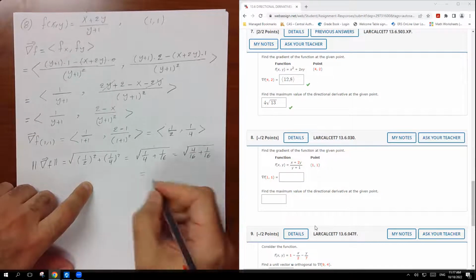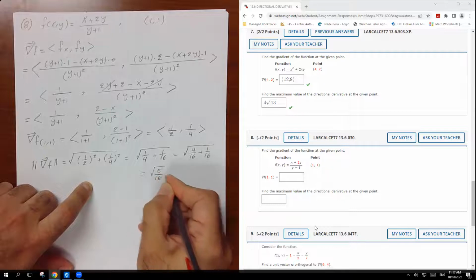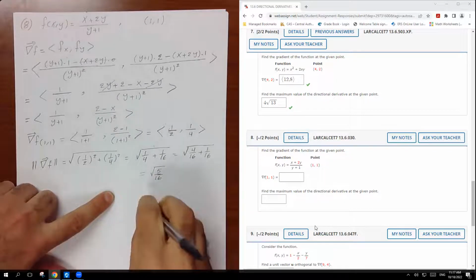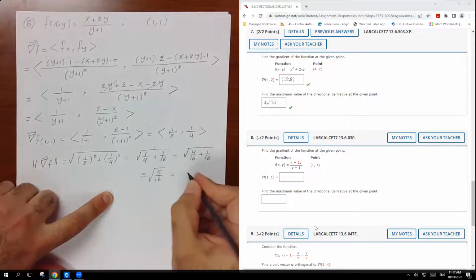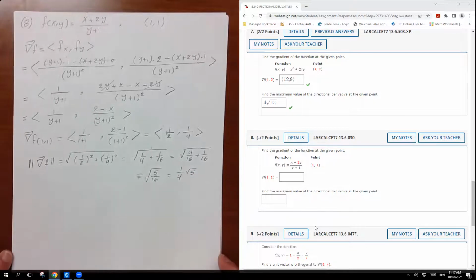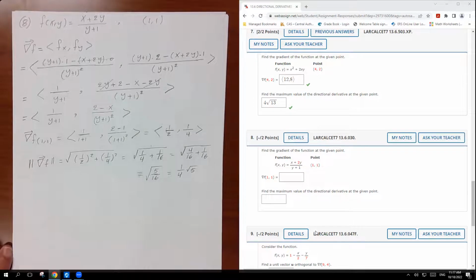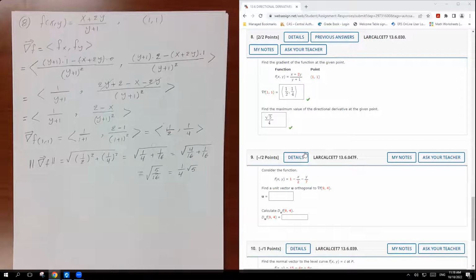Just find the common denominator, so it's 4 over 16 plus 1 over 16. So it's going to be the square root of 5 over 16, and this one is going to be 1 over 4 times the square root of 5. This is the maximum value. So this is right, what we got.